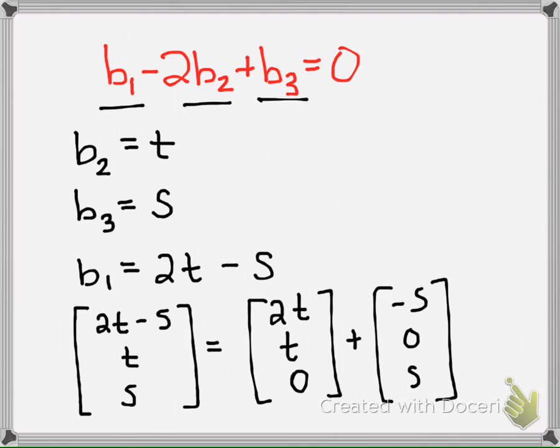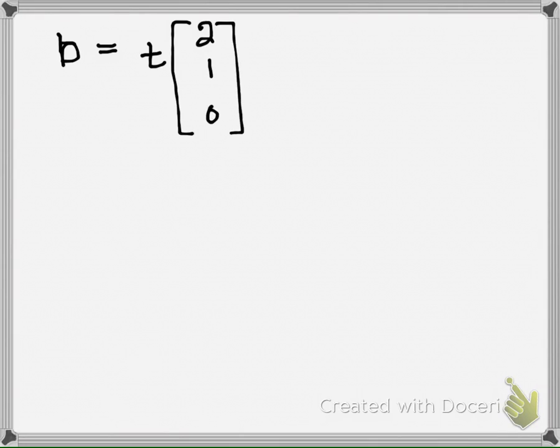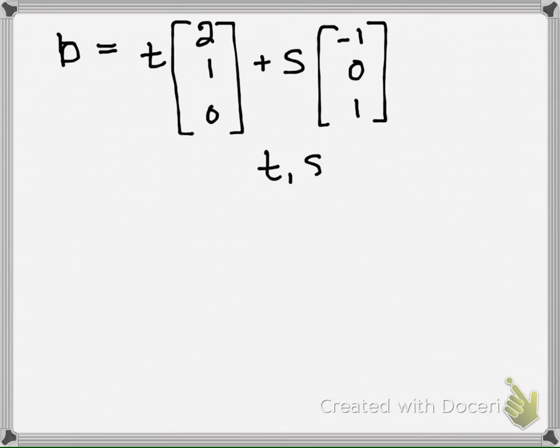Oh, I'm running out of room here. I'm going to continue on the next page. So our B vector now is t times (2, 1, 0) plus s times (negative 1, 0, 1), where t and s are any real numbers. So the set of all B look like this. Notice what this looks like.